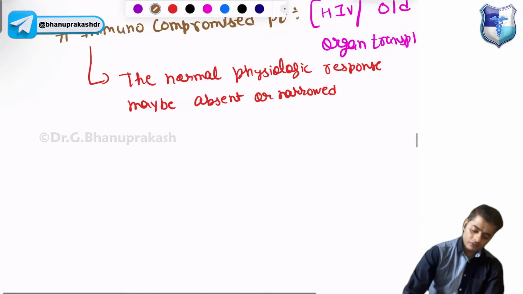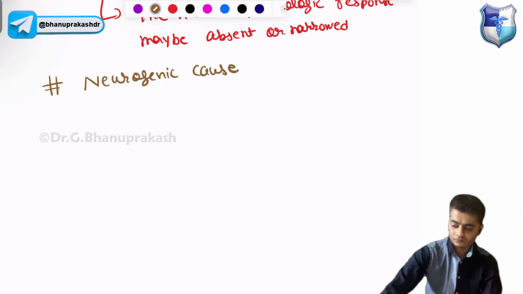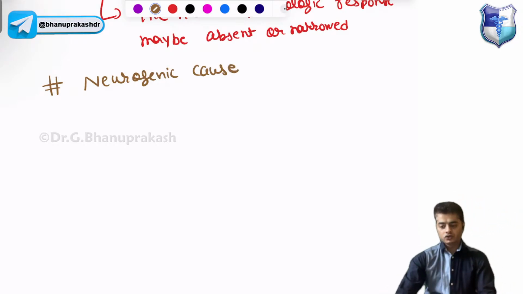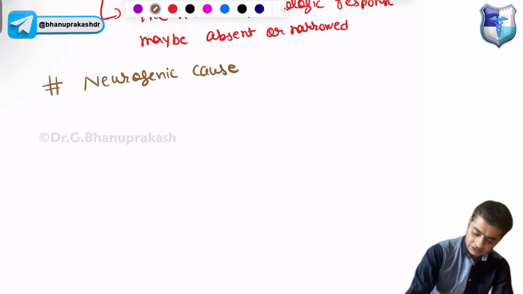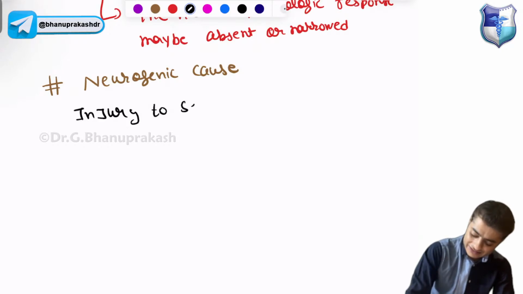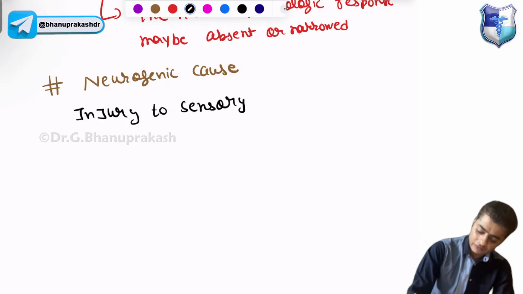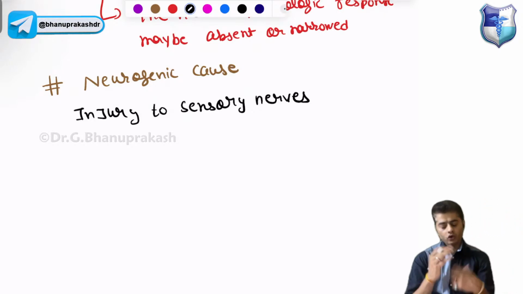Now, after immunocompromised, we will go to our neurogenic cause. In neurogenic cause, the pain is generally due to injury to sensory nerves. Okay, and you all know the pain due to sensory nerves is of burning character.